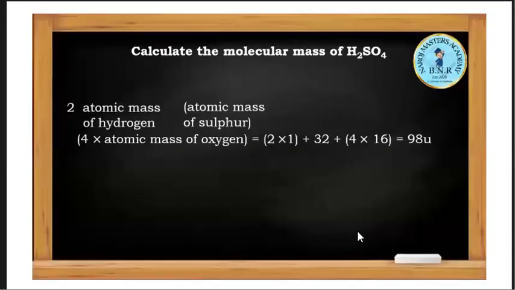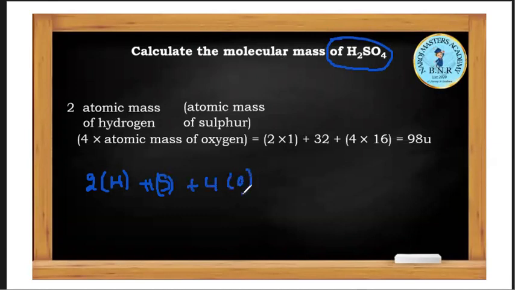Now find the atomic masses of hydrogen and sulfur. Calculate the molecular mass of sulfuric acid, H2SO4. Do it fast. Take 1 minute and then complete it. H2SO4: 2 times the atomic mass of hydrogen plus 1 into S plus 4 into oxygen.